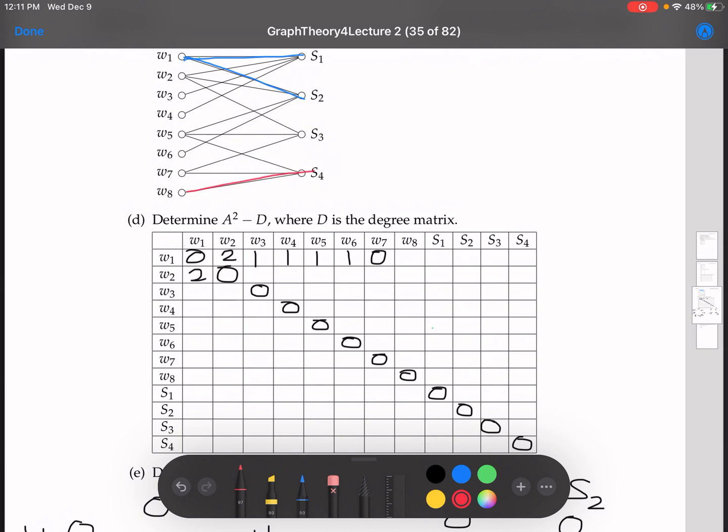W1 to W8, there's none there. All right, now let's think W1 to S1. Now there is an edge from W1 to S1, but now think about two-edge walks.